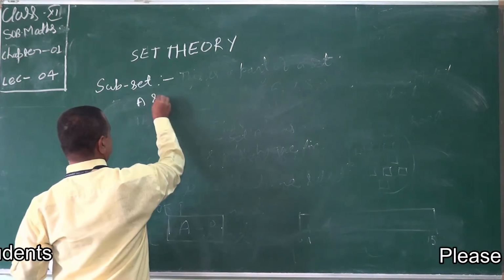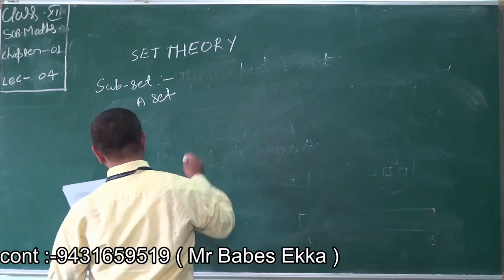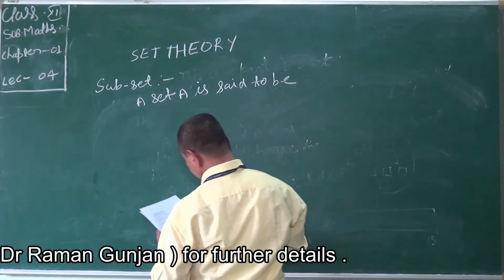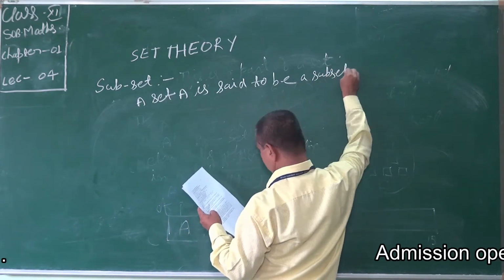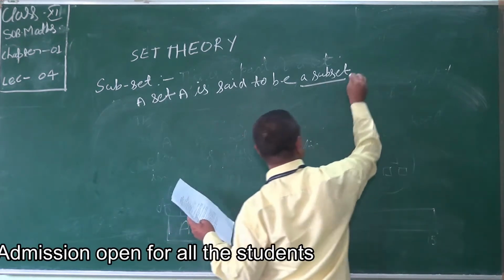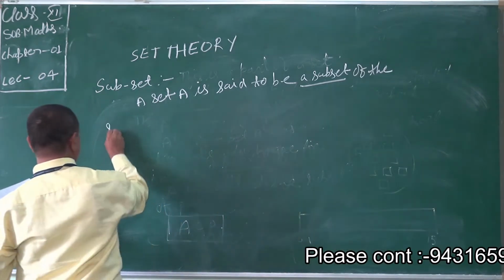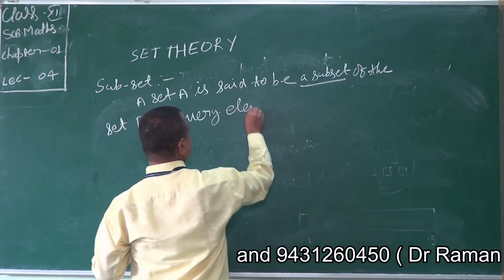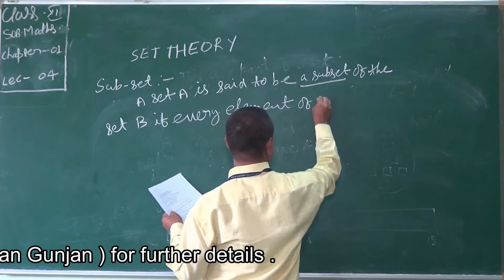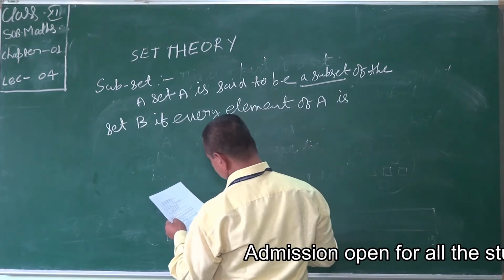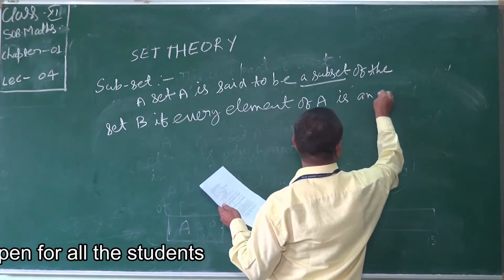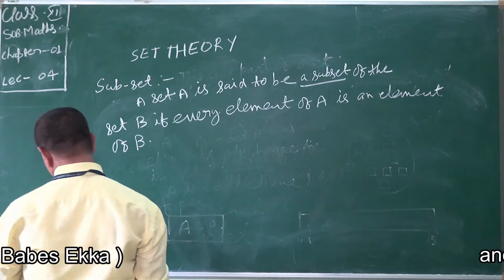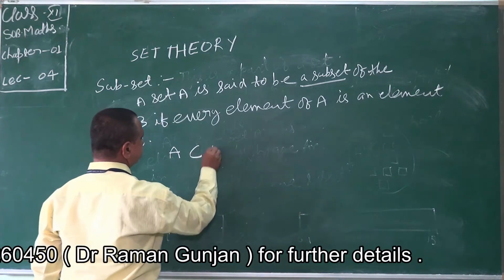A set A is said to be a subset of the set B if every element of A is an element of B. By symbol we write A subset of B.